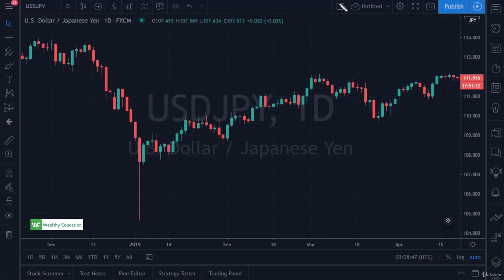So a candlestick is made up of what they call the body. That's this part, the rectangle part. And then there will be these wicks or shadows. You'll hear those terms used interchangeably.